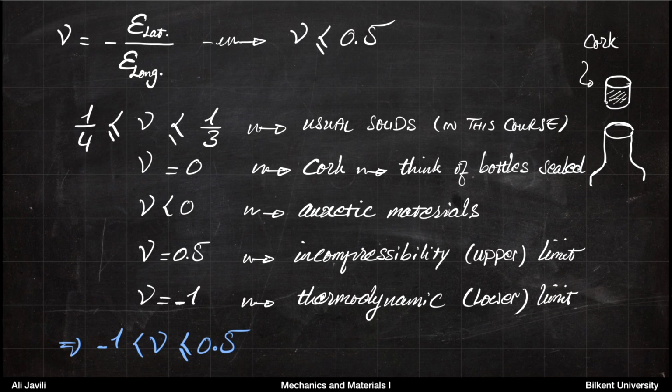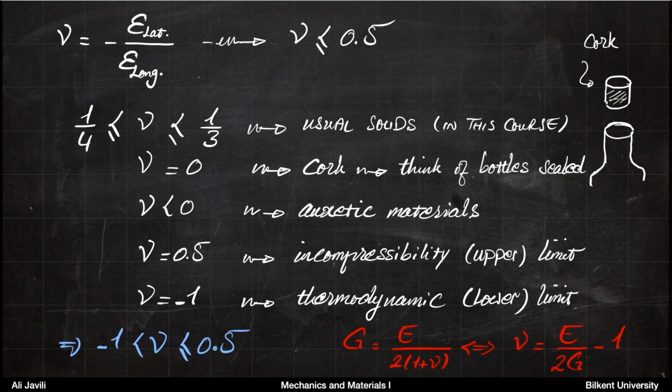All right, so if you remember, we defined E, the elastic modulus, we defined the shear modulus, and now we defined Poisson's ratio. So the question should be asked: how many of these material parameters can we define? The answer is that you need only two. In other words, Poisson's ratio is not an independent material parameter.